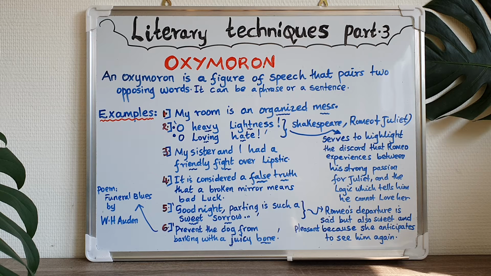Because it's not enough just to identify an oxymoron. You need to explain the effect. You need to explain the meaning of that particular oxymoron within the context of the text. My sister and I had a friendly fight over lipstick. The fight was friendly, so there is friendliness and at the same time there is a fight. Now, what do you think that means?